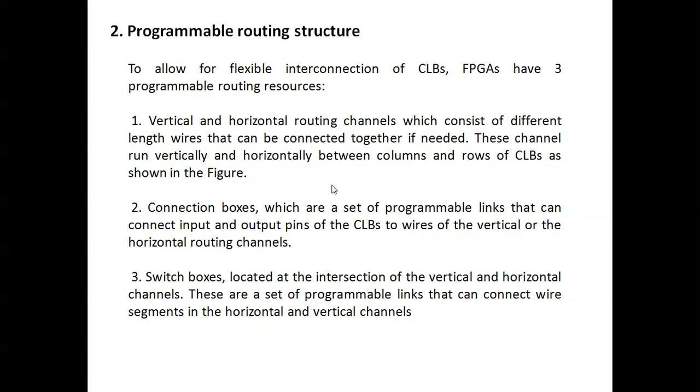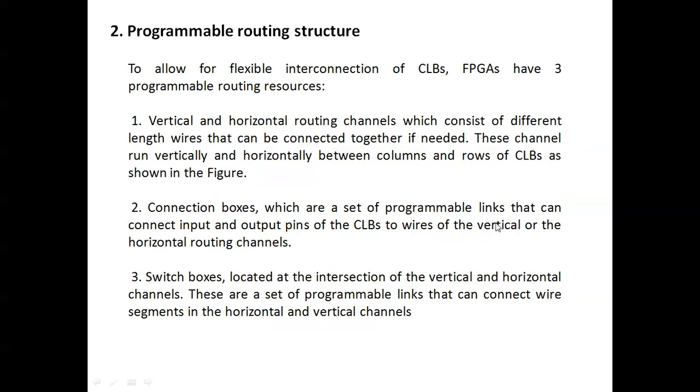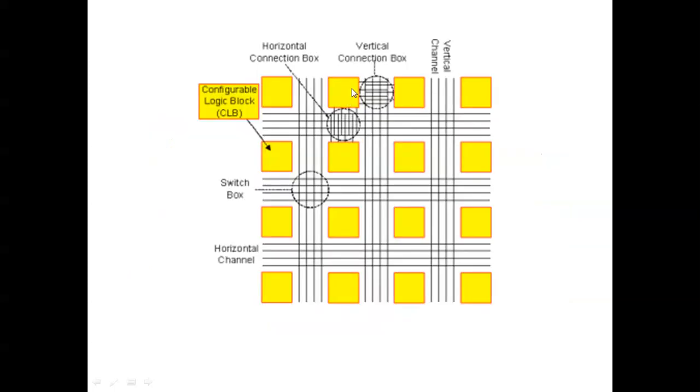And connection boxes, see this connection box. So this is the horizontal connection bus and this one is the vertical connection bus. The connection box is placed between CLBs. So it's a programmable link that can connect the input and output pins of CLBs. Here these two CLBs are there. This CLB also has inputs and outputs, and this CLB also has inputs and outputs.